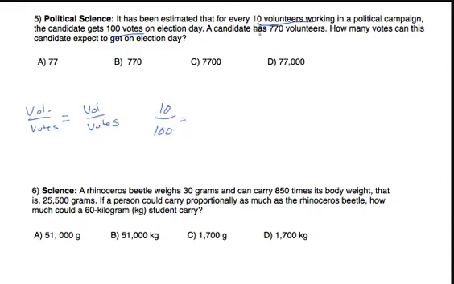How many volunteers did the candidate have? 770. How many votes can they expect to get? 770 times 100 divided by 10 gets you 7,700 votes. Boom. Right there. Letter C.